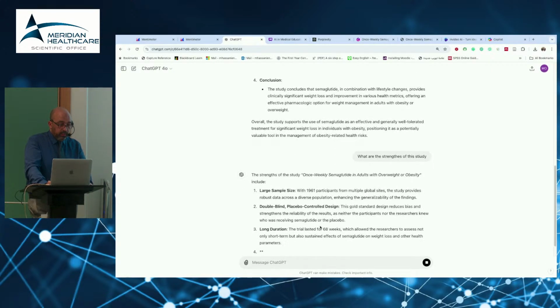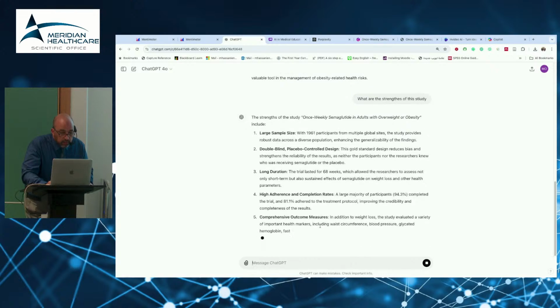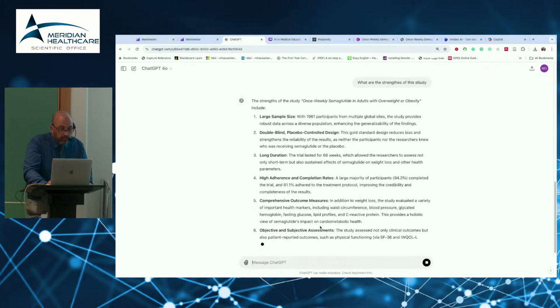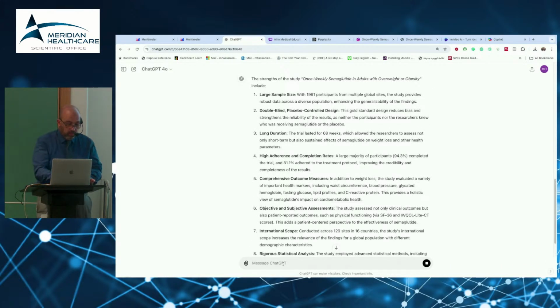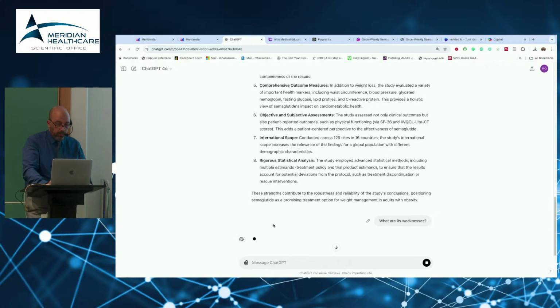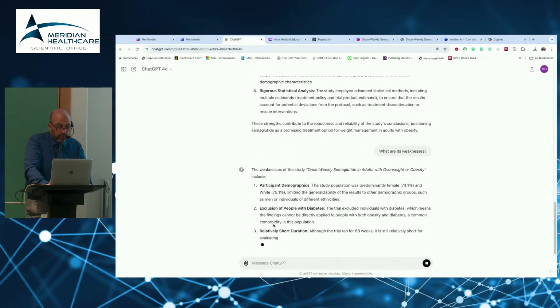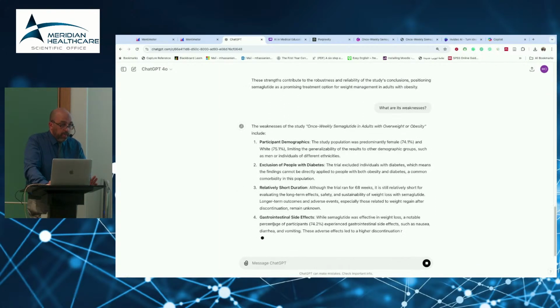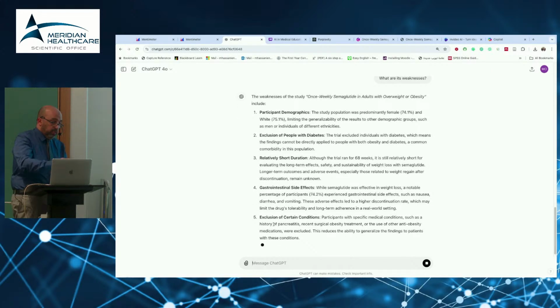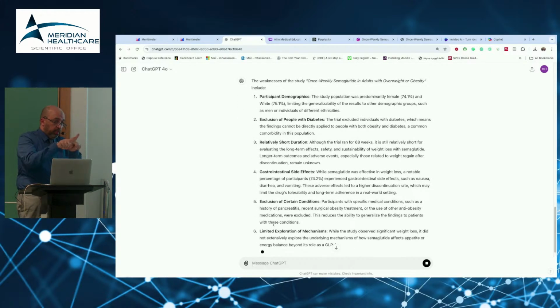It gives us its strengths: large sample size, double-blind placebo, long duration, high attendance. What are its weaknesses? Participant demographics, whatever. And we can compare, use this and use Perplexity, for example, to compare the results and verify by our own experience.